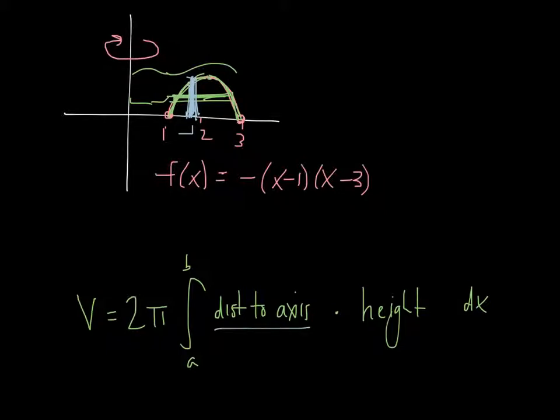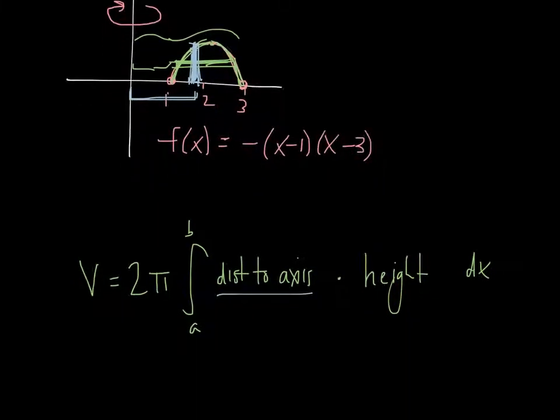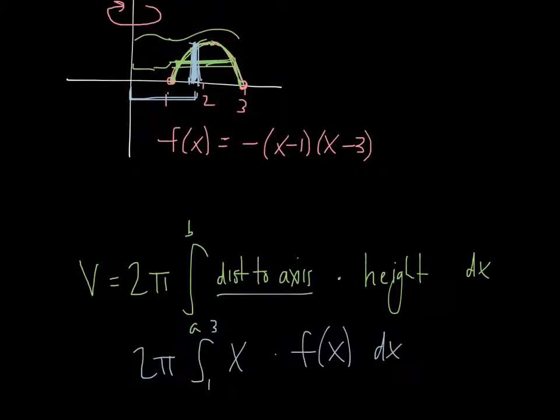So how far is this distance right here? And it's x in this case. And then the height is actually just our function in this case. And then we'd integrate it.